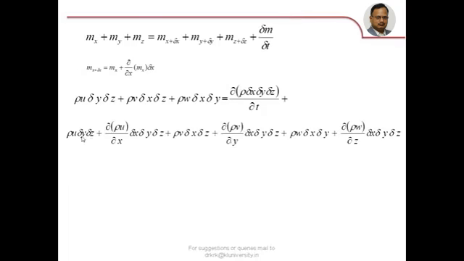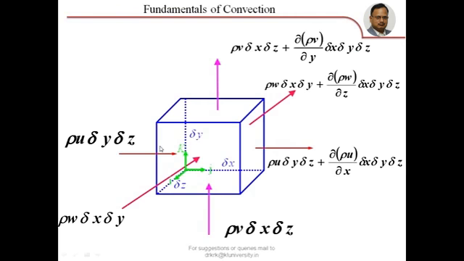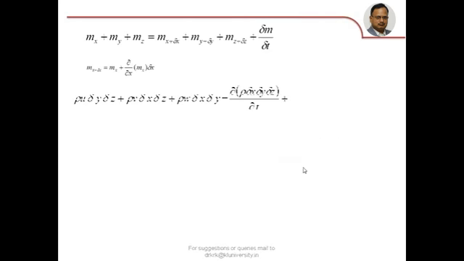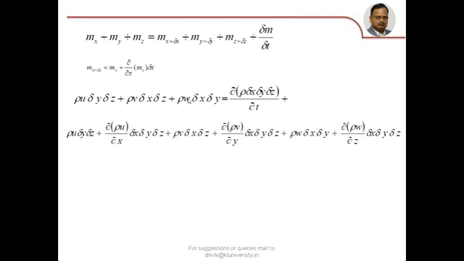m at x plus del x, that is rho u del y del z, this is the second term, and then m at y plus del y, that is rho v del x del z plus the rate of change of rho v del x del z over a distance of del y.